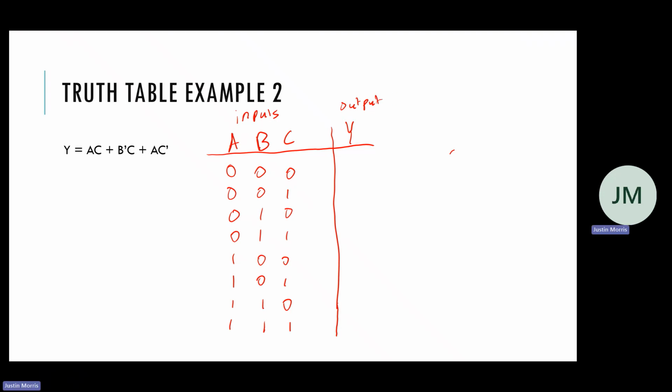Right? So 0, 0, 0, AC, I get 0. B-not C, 0. A C-not, 0. 0 or 0 or 0. Yep.